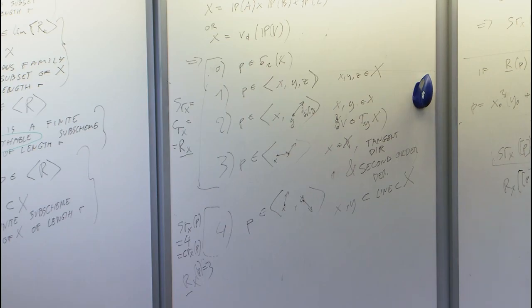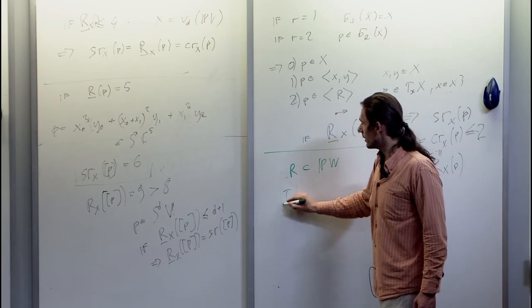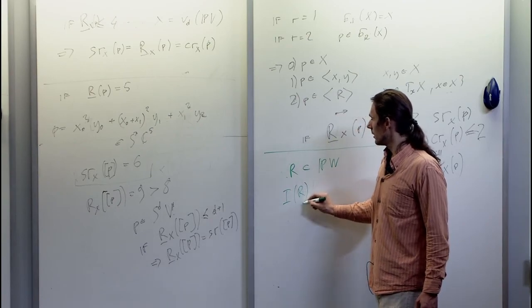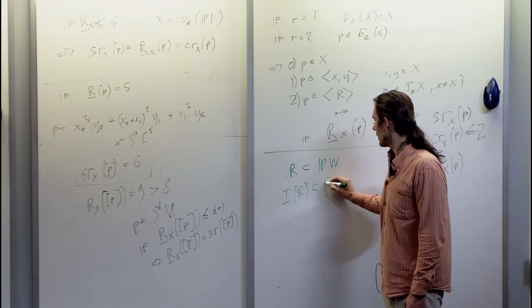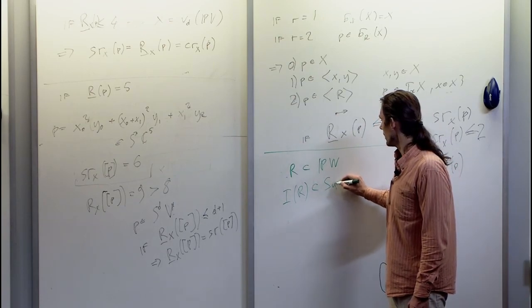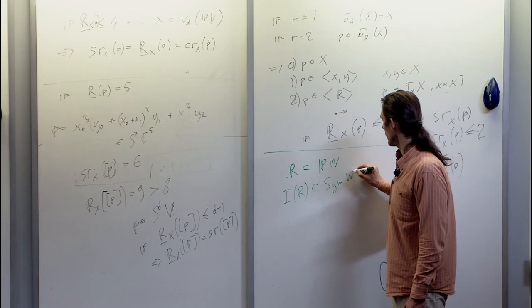I didn't say that, but there is an algebraic definition of the linear span. If you have a subscheme R of a projective space, you can define the ideal of the functions that vanish on R, and it's an ideal in the symmetric algebra of W dual.